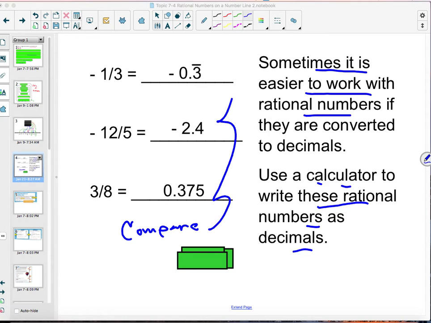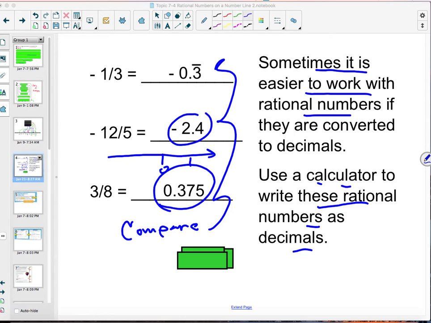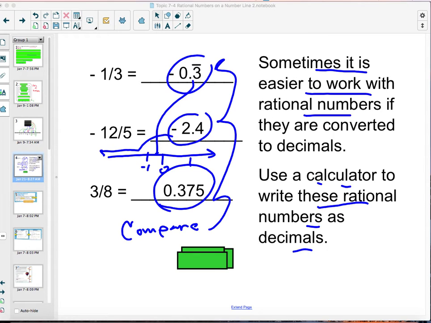It's definitely easier to work with decimals because now you can say, okay, this is positive, so if we have 0 and here's our number line, we know that this is going to be somewhere on this side. This is going to be on the left side because it's negative, and it's going to be way down there, and this is going to be somewhere close in between -1 and 0. That's why we convert them into decimals.